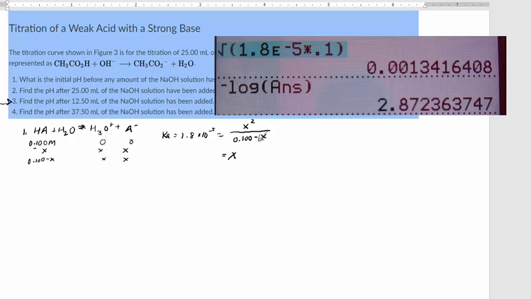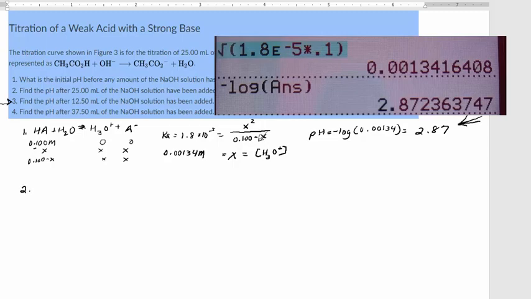And in this case, my x is going to be 0.00134, capital M molarity. That x value represents my hydronium ion concentration. So now I can calculate the pH, which is the negative log of this concentration, 0.00134, and I get a pH value of 2.87. So that's when no base has been added.